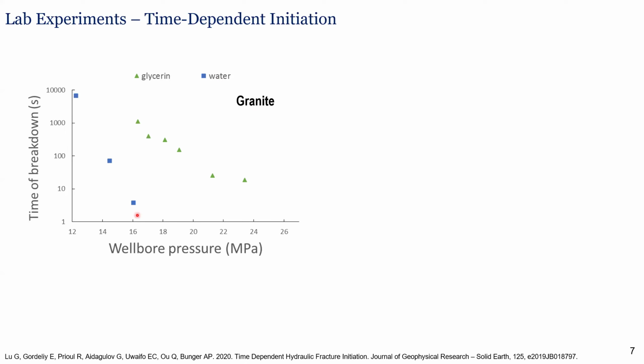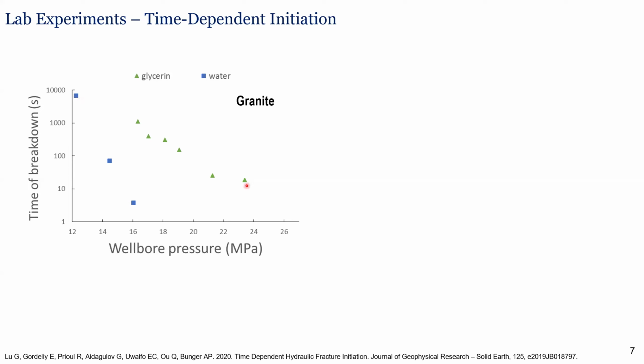And you can see in these experiments, almost instant breakdown at 16 MPa. If one holds 12 MPa, so 75% of what's required for instantaneous failure, but you're willing to hold it for a few hours, you can eventually initiate hydraulic fracture initiation and growth.